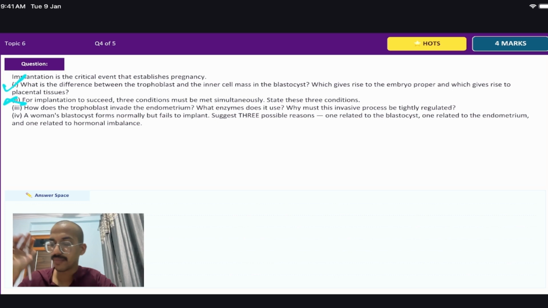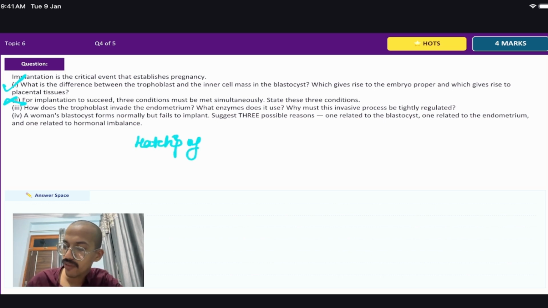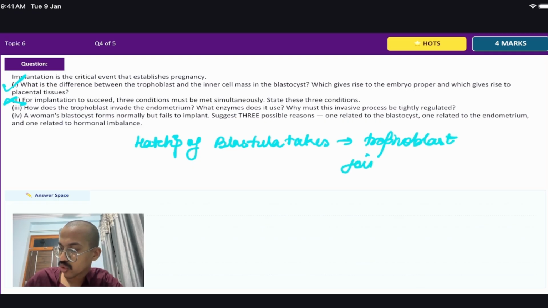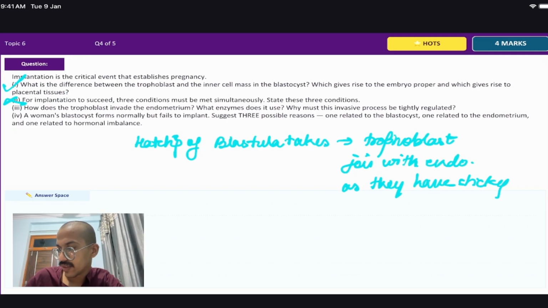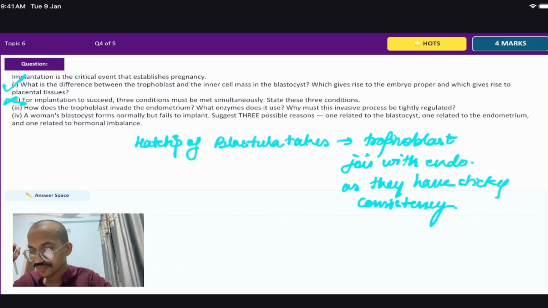You just have to remember that hatching of the blastula takes place, and the trophoblast cells go and join with the endometrium, as they have a sticky consistency or sticky material which gets stuck to it.